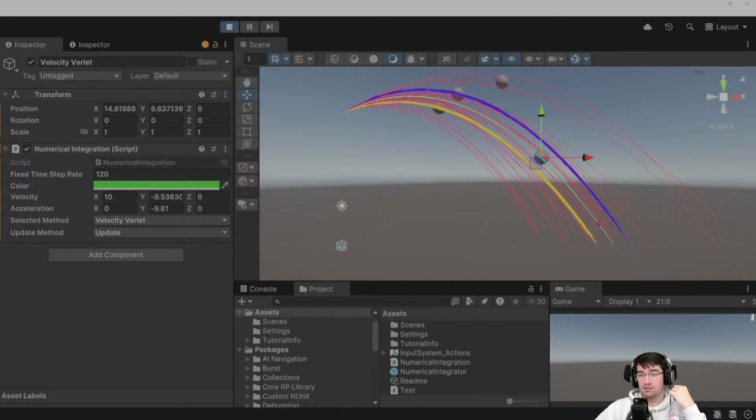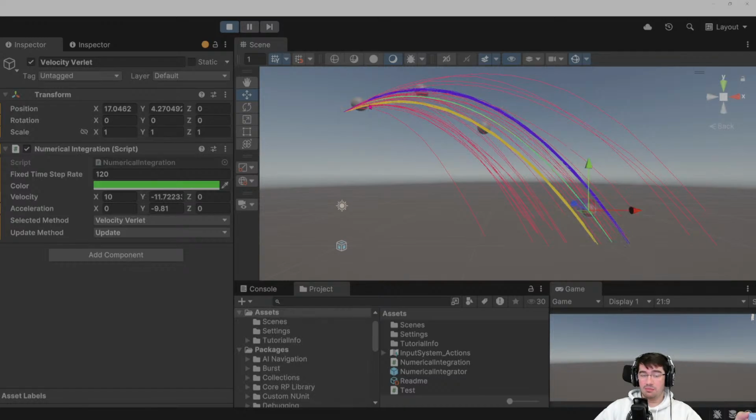And you can see that it's the most stable, the most accurate, presumably, because it's in between the two other ones. So for now, with variable frame rate, it's the best integration method.